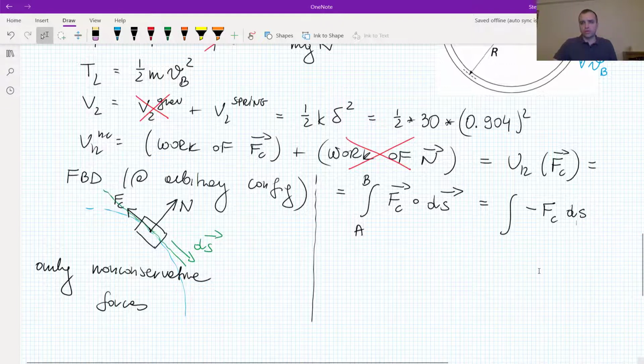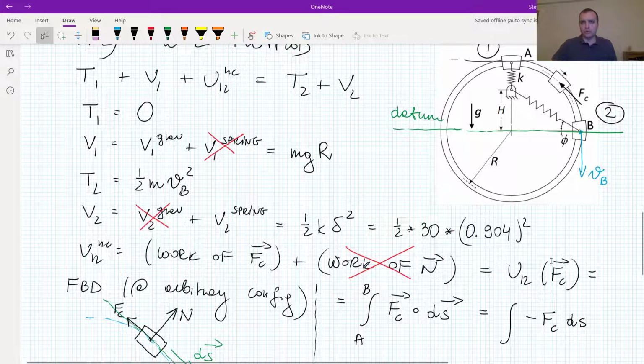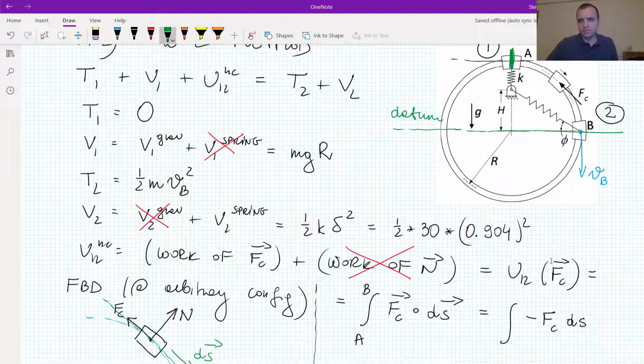Now the question is, what are the integration bounds? Point A is here, and point B is here. I think we can easily associate 0 with point A, and this arc length is, I believe, r times pi over 2, because this angle is 90 degrees. This is a right angle.